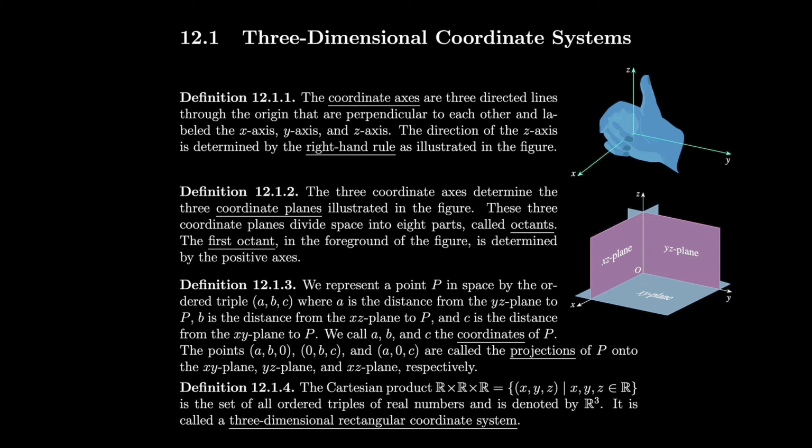Lastly, the Cartesian product R × R × R is equal to the set of all ordered triples (x, y, z) of real numbers, and is denoted by R3. It is called a three-dimensional rectangular coordinate system.